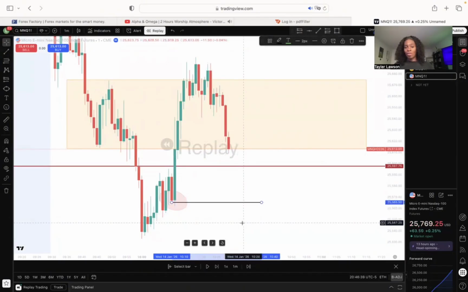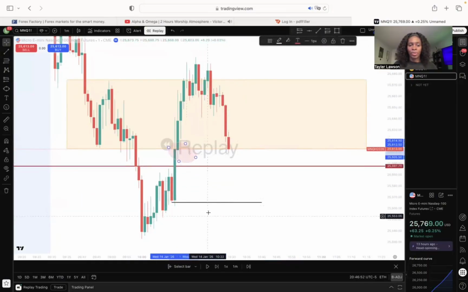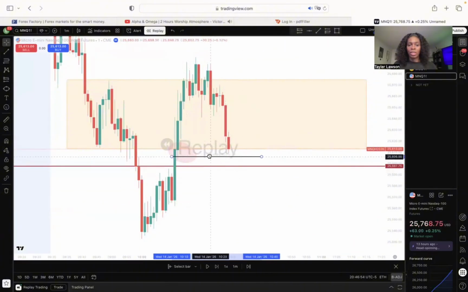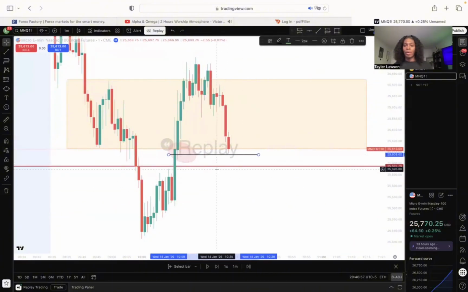That is too long. And to be honest, if I was in this trade and I did not mark up this support, I would have probably used this candle, break of the candle, to get in the trade. And yes, it would have played out perfectly fine, but I wouldn't have been as confident in that trade at that point.